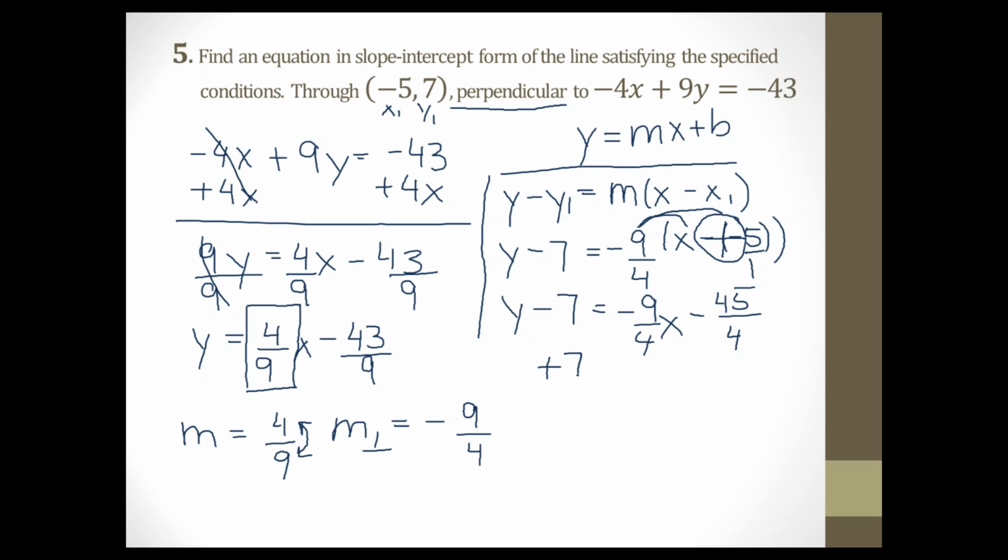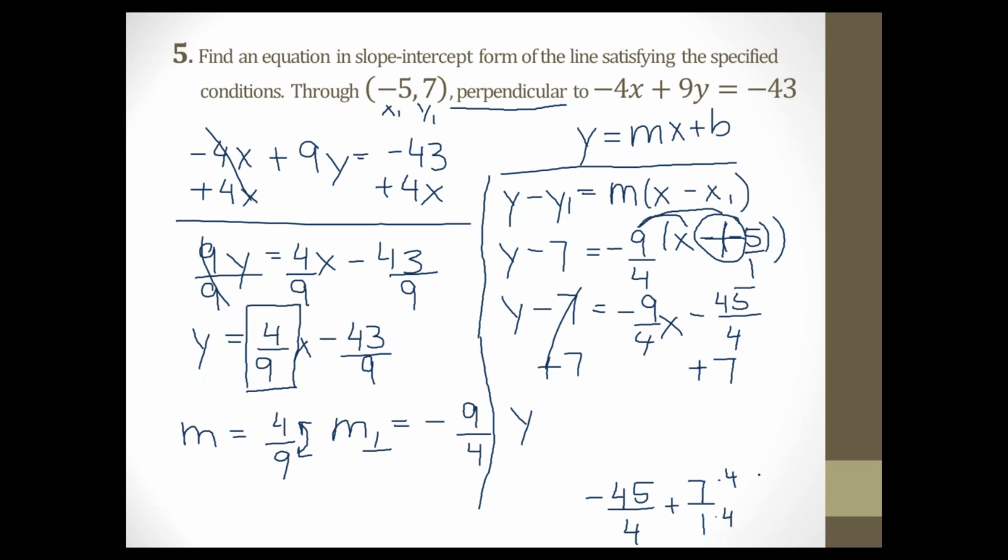Last step, adding 7 to both sides. Now my y is isolated, but I'm going to have to do a little bit of side work, because if you remember, when you're adding or subtracting fractions, you need the same common denominator, and in this case I have a denominator of 1, so my least common denominator would be 4, which means on this side I have to multiply top and bottom by 4.